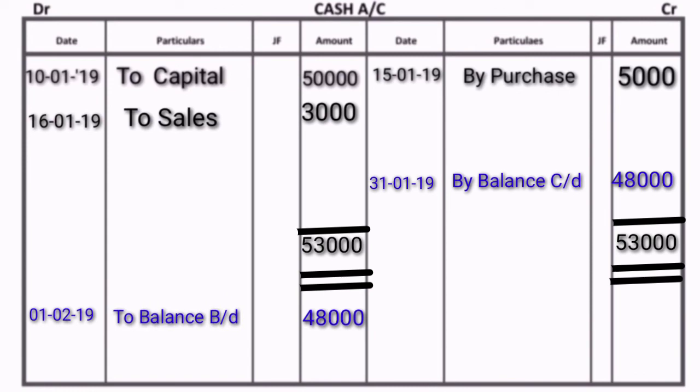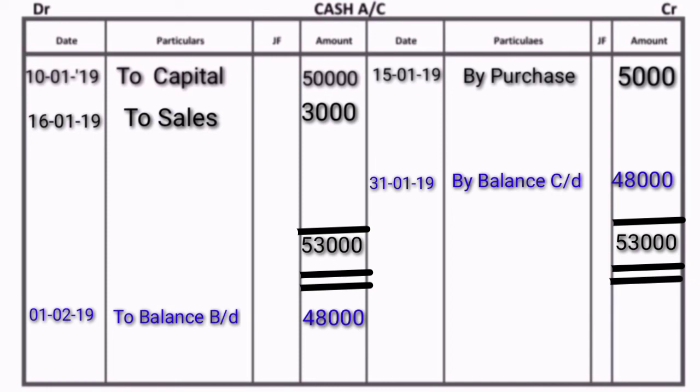Is it clear? To close an account, first check which side the amount is more, credit side or debit side, and that amount we will write on both sides. Okay, then calculate the difference amount. The side where the amount is less, on that side we should write the difference amount, and that difference is the balance carried down.